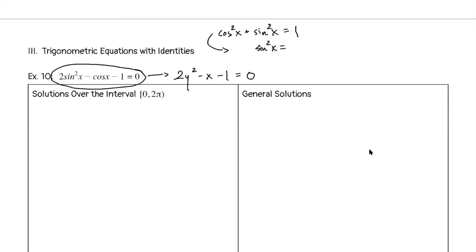How do we get from cosine squared plus sine squared equals 1 to, yeah, there we go. I'm just going to subtract the cosine squared from both sides. So 1 minus cosine squared. Check this out, folks. Instead of writing sine squared x, we could write 1 minus cosine squared x.